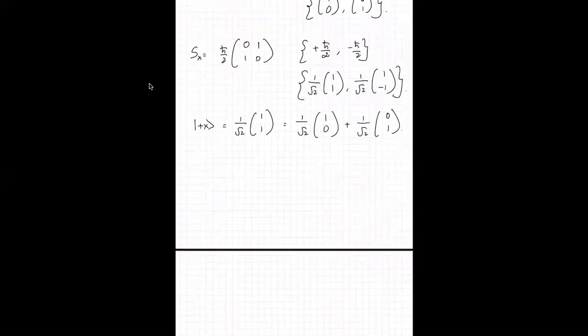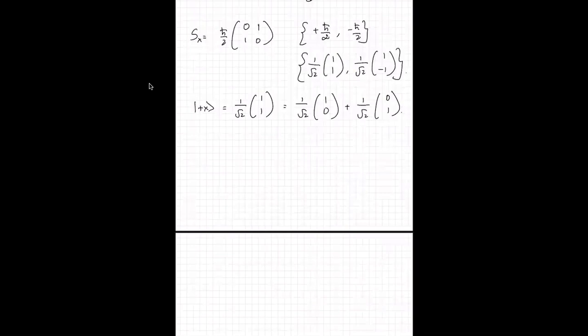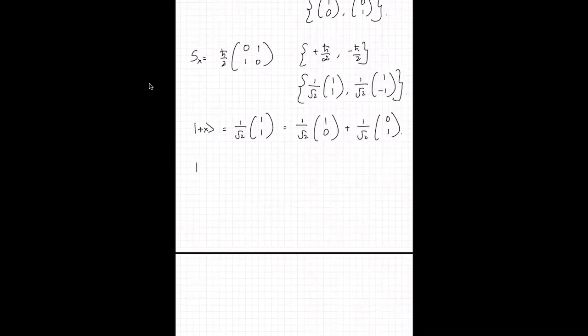So the way I would write the eigenvectors of Sx as a linear superposition of those of Sz is: plus x equals 1 over root 2 plus z plus 1 over root 2 minus z. Similarly, minus x would be 1 over root 2 plus z minus 1 over root 2 minus z.